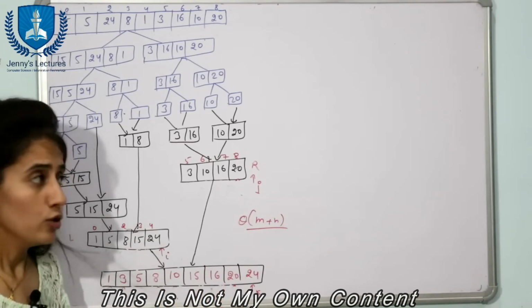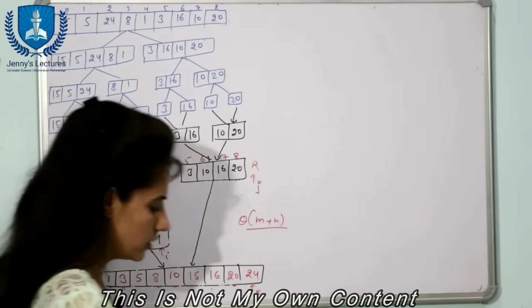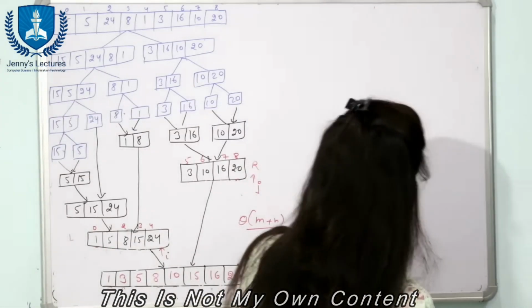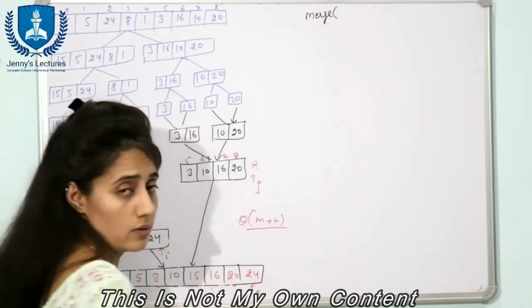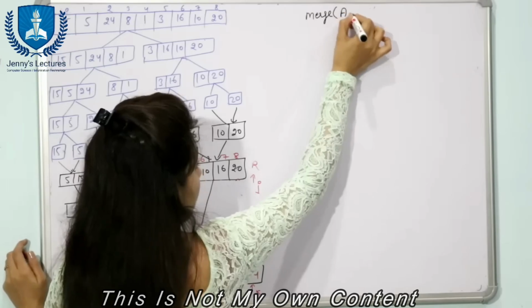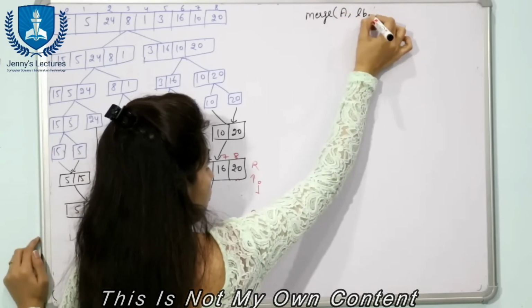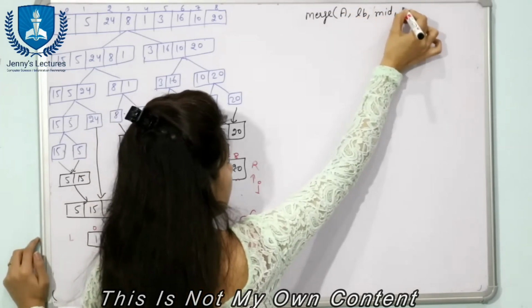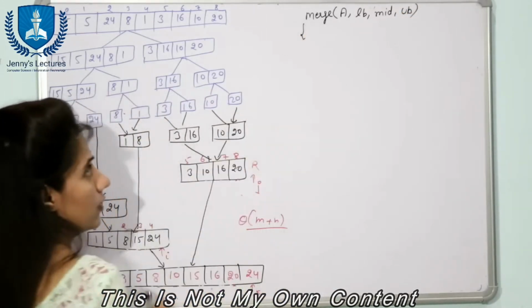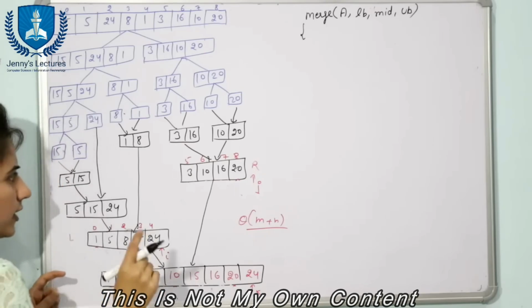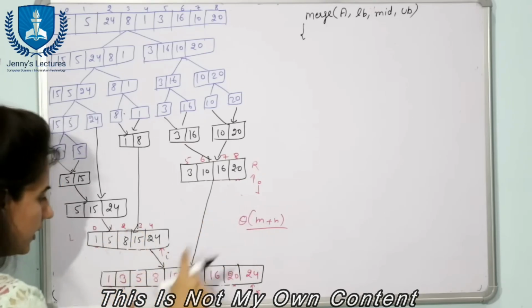Now if you write down the code for this merging technique, how will you write it? See, we have a function merge, with the array. We pass lower bound, then mid, and then upper bound. Now we take three variables I, j and k.